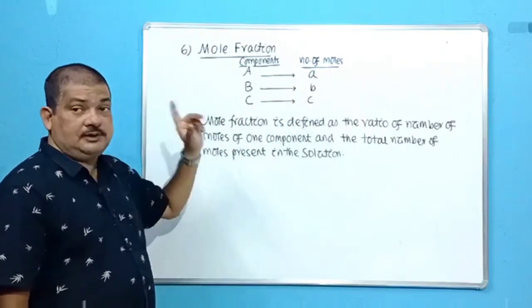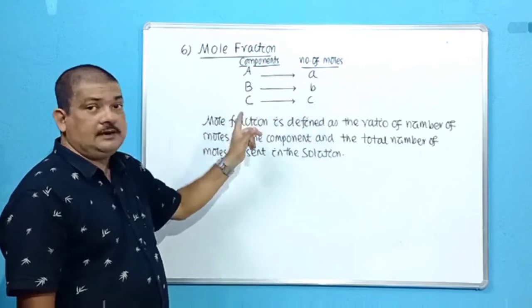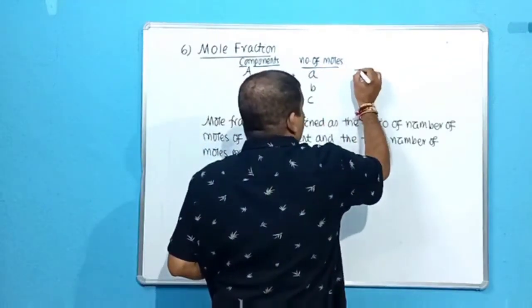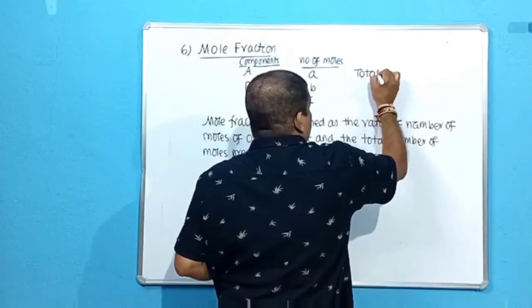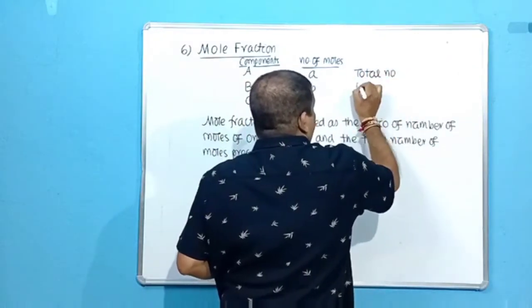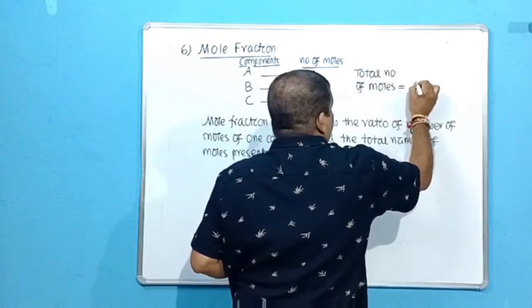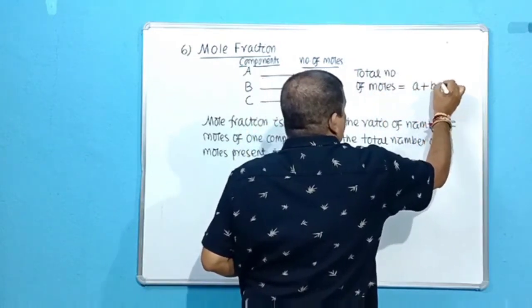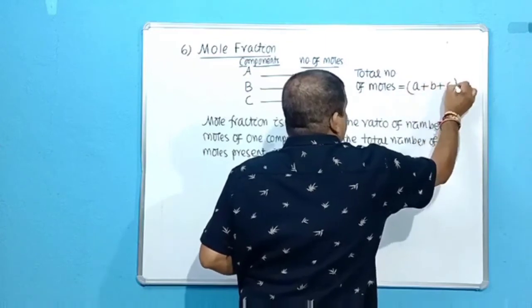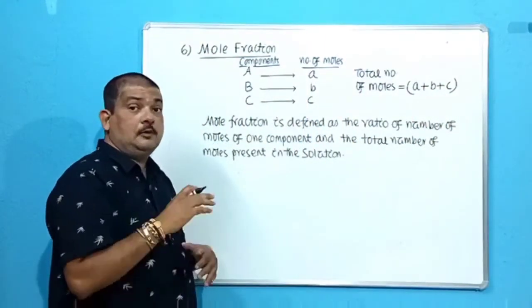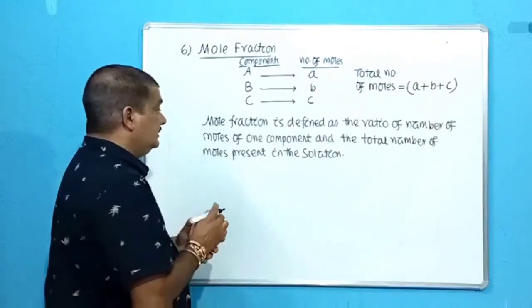So this solution which we have considered contains three different components A, B, C. Okay. So what will be the total number of moles? The total number of moles will be equal to A plus B plus C. Right. So A plus B plus C gives you the total number of moles present in the solution.